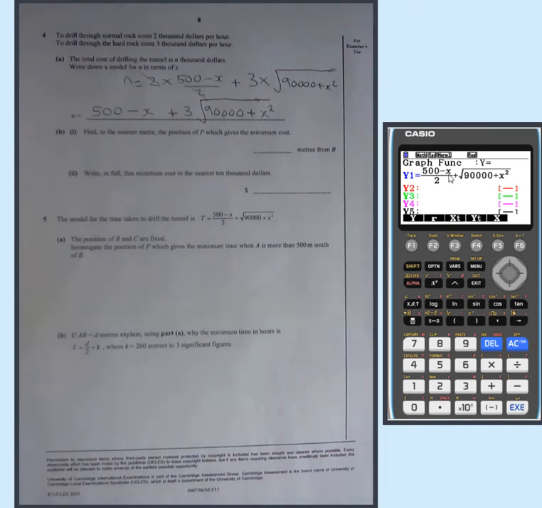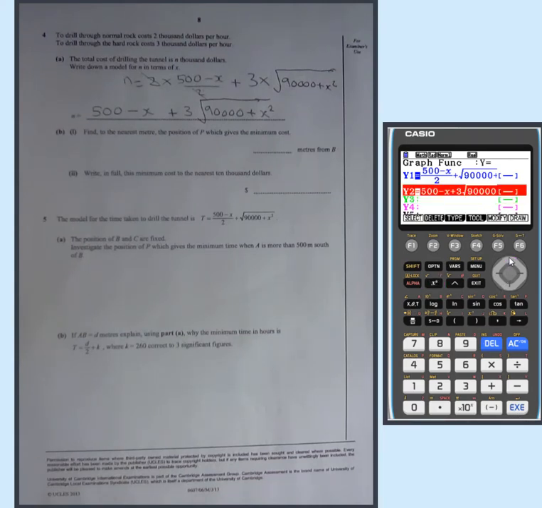So what I am going to do is put the cost model in y2, and I'm going to turn y1 off. So the cost model is 500 minus x plus 3 times the square root of 90,000 plus x squared. Okay, so I hit that.